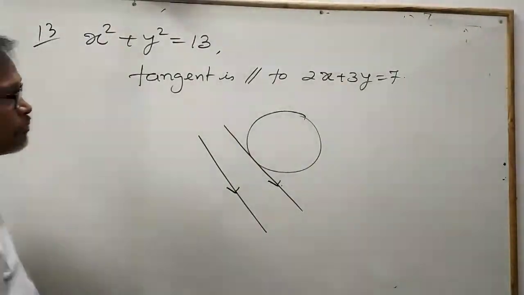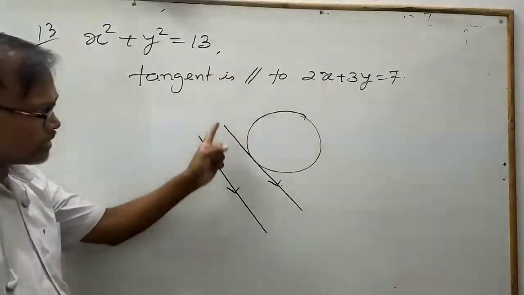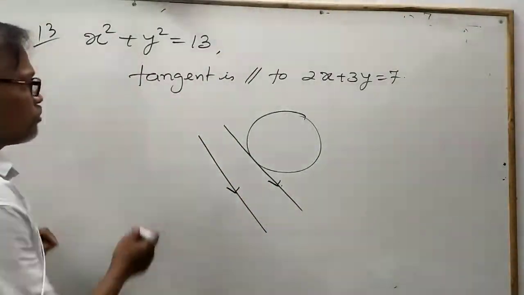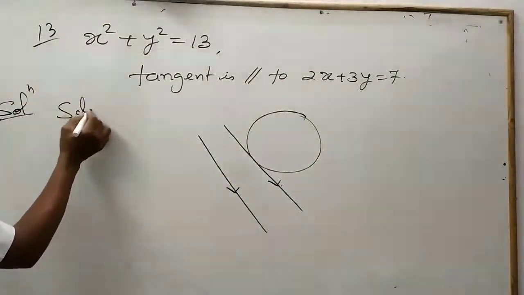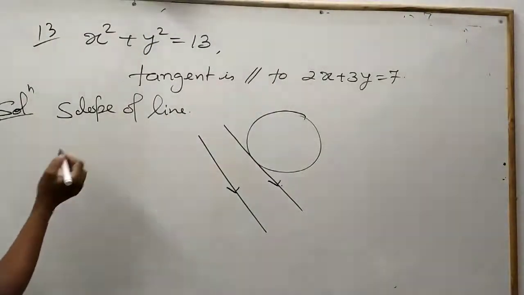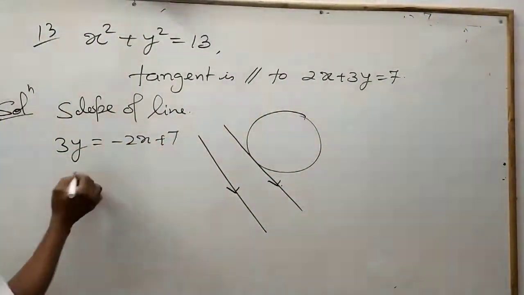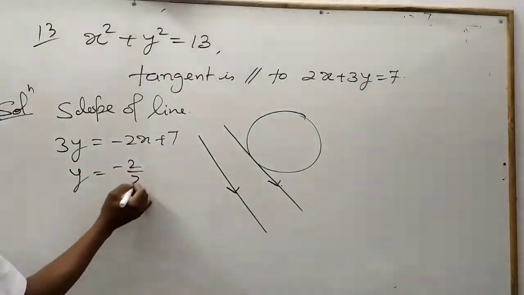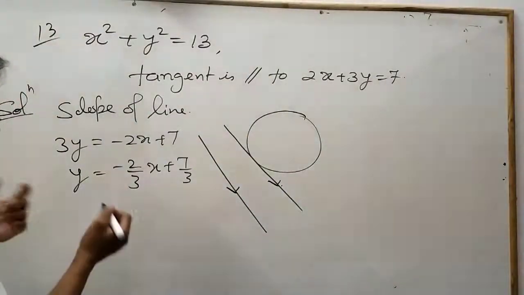If you find the slope of this line, you can get the slope of this tangent. So if we find the slope of the line, how to find the slope of the line? 3y is equal to minus 2x plus 7, so y is equal to minus 2/3 x plus 7/3. You can find it by any ordinary way, in class 9 and 10 you have read.